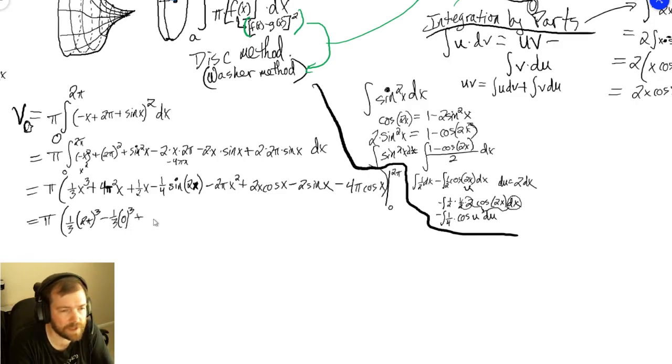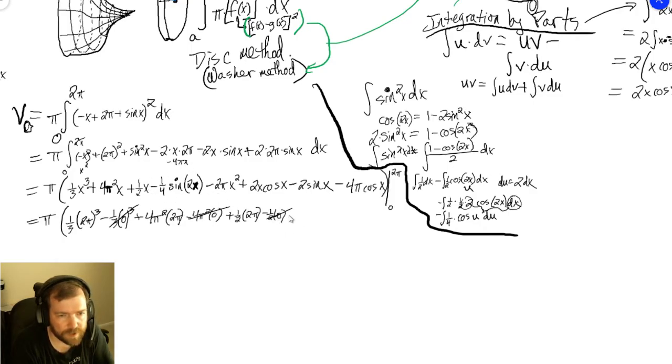Well, that one's nice and easy. Same with the next one. We get 4 pi squared times 2 pi minus 4 pi squared times 0. These are both going to be 0, so that makes it a little nice. And then here we get a plus 1/2 times 2 pi minus 1/2 times 0. That's 0.